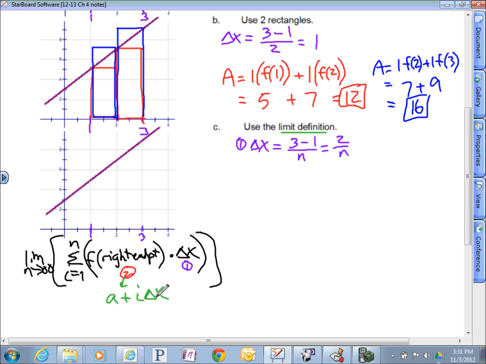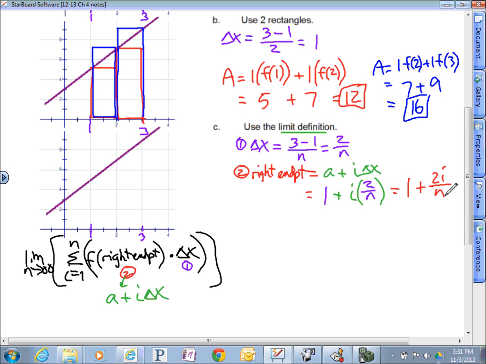Wait a minute, we've already figured that out too. So the right endpoint, a plus i times change in x, is 1 plus i times change in x, which we just figured out is 2 over n. So my right endpoint is 1 plus 2i over n.